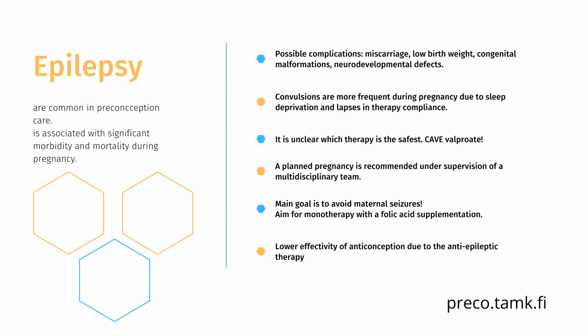Women on seizure medication must take folic acid supplementation up to 4 milligrams per day, starting at least 1 month before conception until the end of the first trimester. Please note that antiepileptics affect the effectiveness of hormonal contraception, which makes pregnancy difficult.